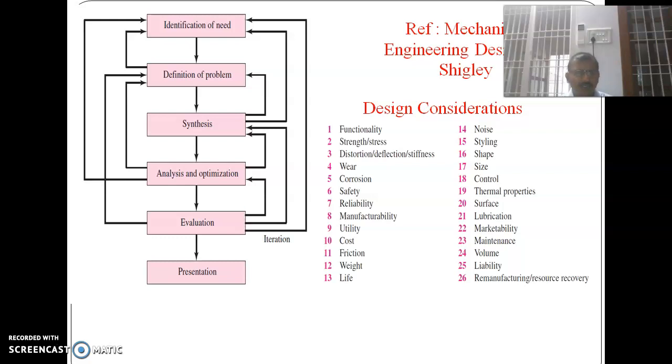And finally, the presentation, which is the preparation of the computer drawings. Nowadays, printers and plotters are available for the presentation of these models. So these are the mechanical engineering design procedures: identification of need, definition of the problem, synthesis, analysis and optimization, evaluation and presentation.